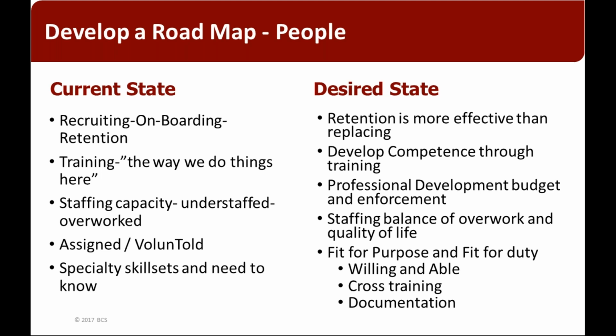Do you use training like, this is the way it's always been done around here, and an existing staff member trains them from the best that they've figured out over time? Take a look at your staffing capacity. There's a whole lot of research out there, and you can bring in your risk managers and your human resource folks.